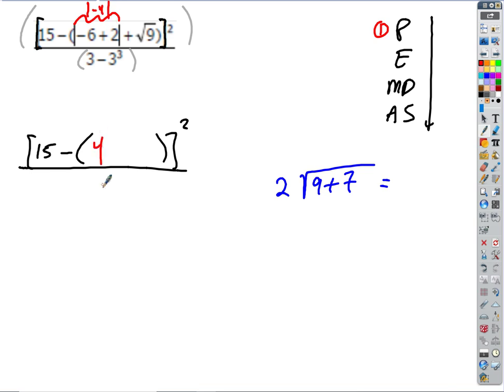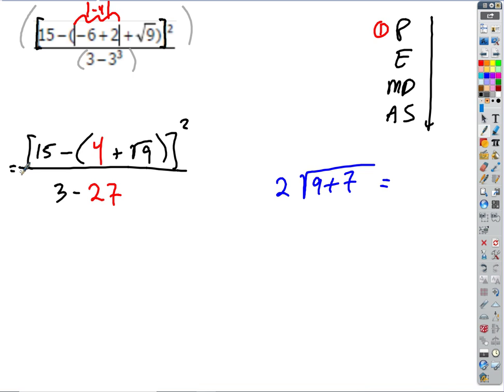So we'll combine a couple of small steps there. Okay, so there's step number 1 on the top. We might as well do a step number 1 on the bottom too. What's the first thing I'm going to do on the bottom? Exponent. Okay, so 3 cubed is 27, right? Okay, so there's step 1.